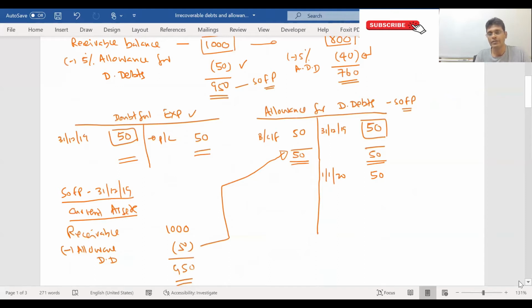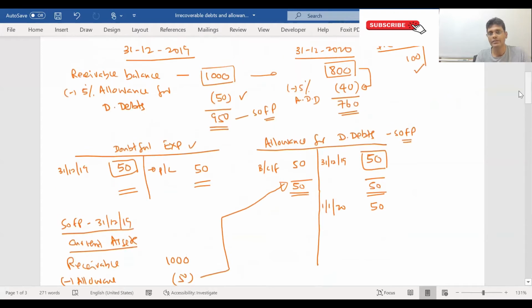Now in 31st December 2020, that balance will be 40. So the carried forward balance to the next financial year, 31st December 2020, should be 40. It's a credit balance. So 1st January 2021, it will be 40.